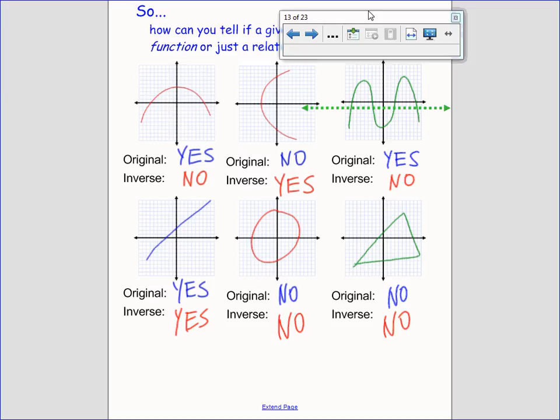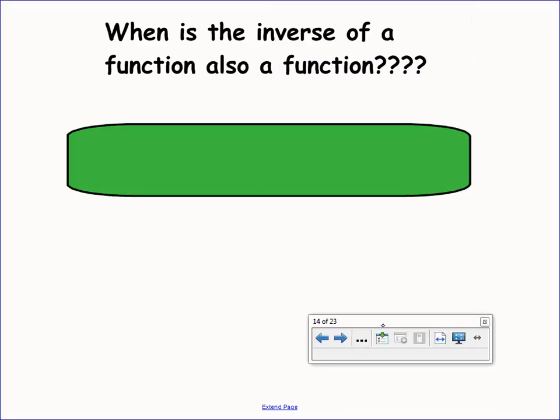The original failed the horizontal line test in the last 2, guaranteeing that the original's inverse will not be a function. However, in the bottom left, the original passed both the vertical and the horizontal line test, guaranteeing that not only the original is a function, but its inverse will also be a function. Such a function is special and called one-to-one, and we'll deal with that in FST.